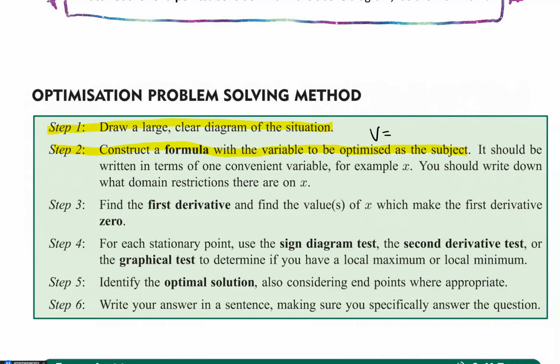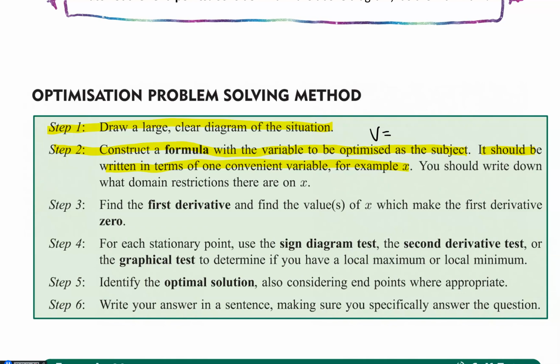So if you've got the height of the rectangle is X, it should be written in terms of one convenient variable such as X, and it says that the rectangle is double the length. You don't want to have X and Y. What you want to have is X and 2X. So wherever possible, you want to write everything in terms of X, because otherwise you get X's and Y's, it makes it all a lot harder.